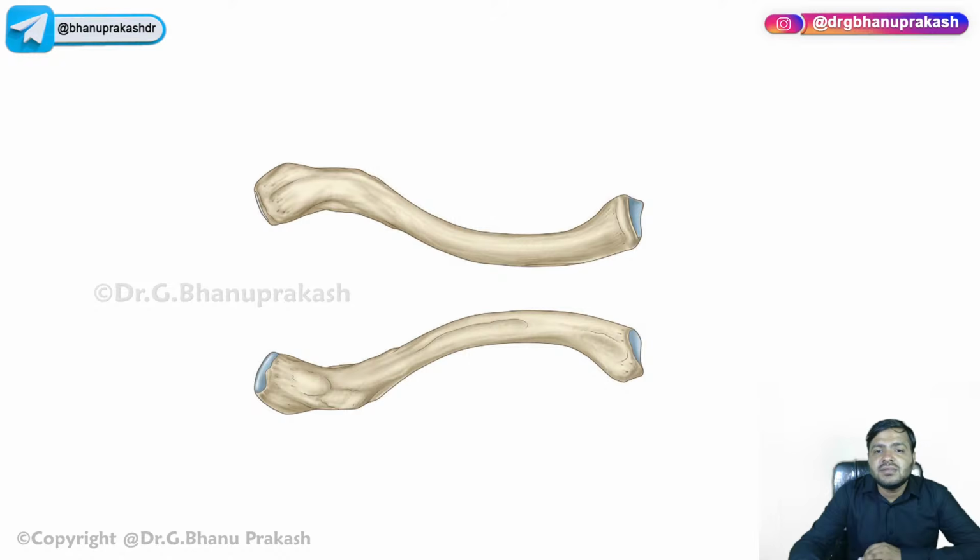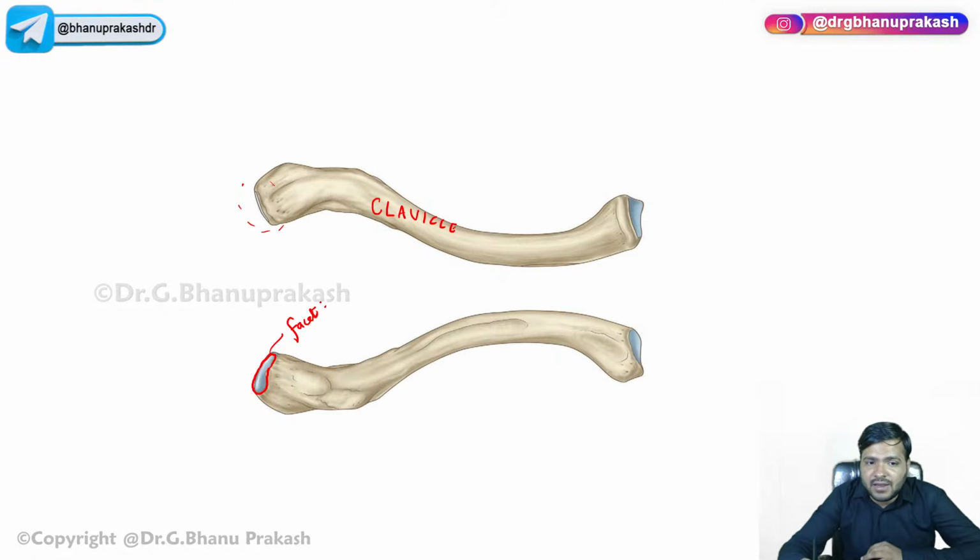Now if you look over here, guys, which bone is this? You already know this is the clavicle. You can see this is the acromial end of the clavicle. It will be joining with the acromion process, and you can see we have a flat or concave part. This is called the facet.